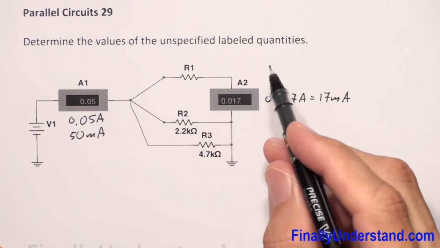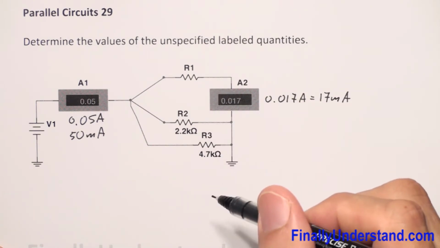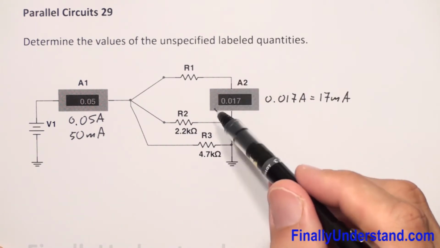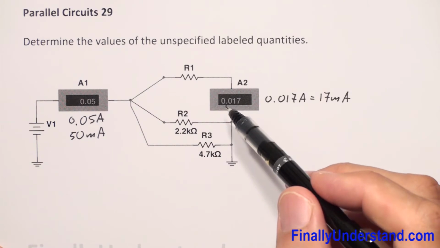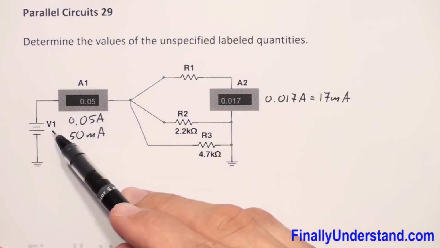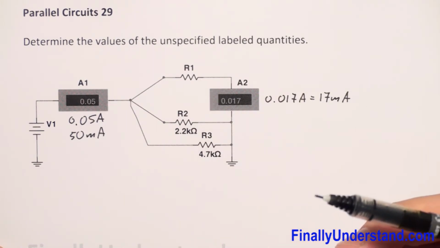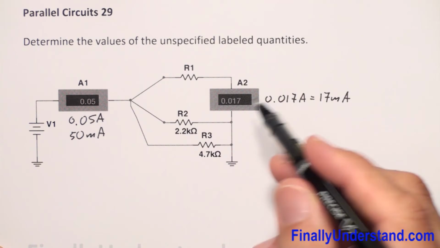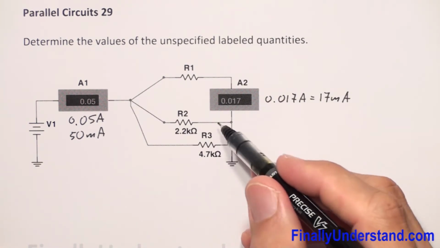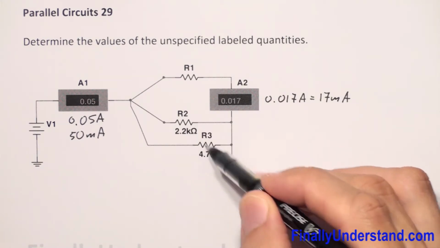In order to do so, we have to find the voltage, because resistance is equal to voltage over current, right? We have the current given already. So what I would do is simply find the total resistance of these two resistors first.